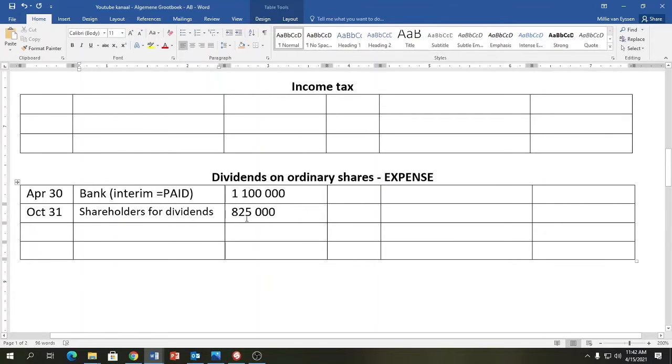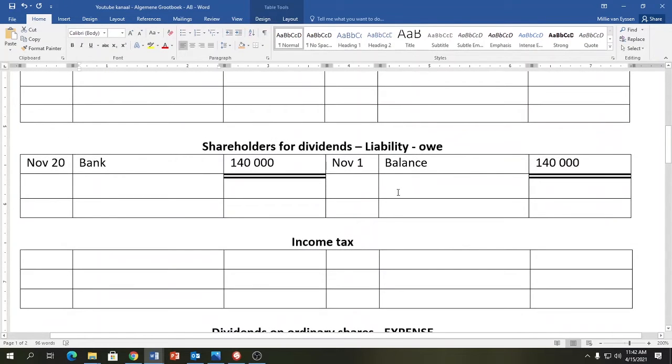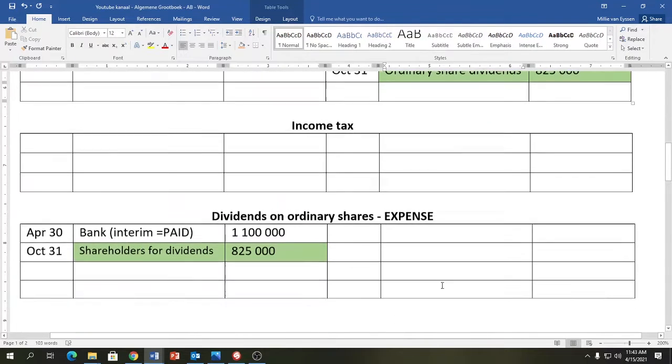I owe the money to the shareholders. It's only declared. Therefore, this entry will be entered over here in shareholders for dividends, 825,000. Okay, so those two are the same.